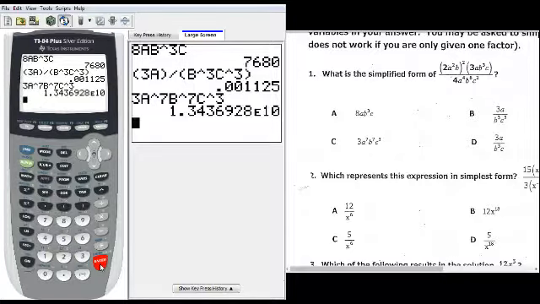Hit enter, and we get 1.343692 e to the 10th power. That's a very huge number. That means it's like 10 to the 10th, which is a very big number. So that's not even close to what we had as our answer. So it looks like D is pretty good.